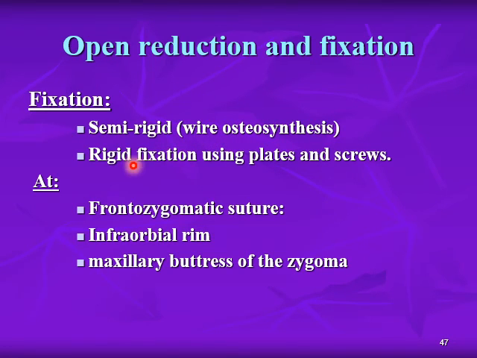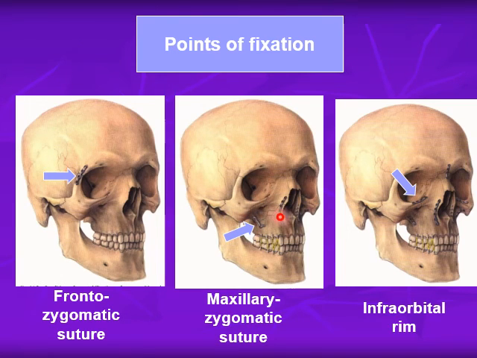The most commonly used is rigid fixation using plates and screws, and the plates and screws are placed intraorally through the vestibular maxillary approach to fix the zygomaticomaxillary part, okay, or in the frontozygomatic suture through lateral eyebrow approach, or in the infraorbital rim through the transcutaneous approach, subciliary, subtarsal or infraorbital approach, or transconjunctival approach, periseptal or postseptal approaches. These approaches were discussed in maxillary fracture.